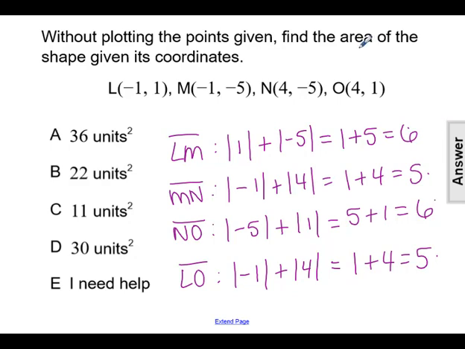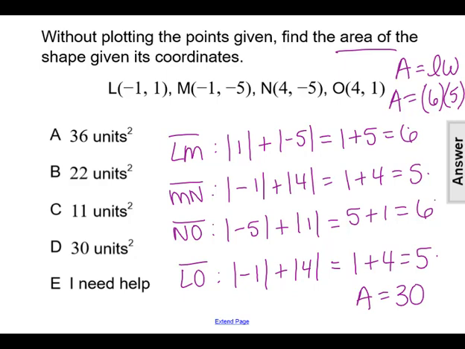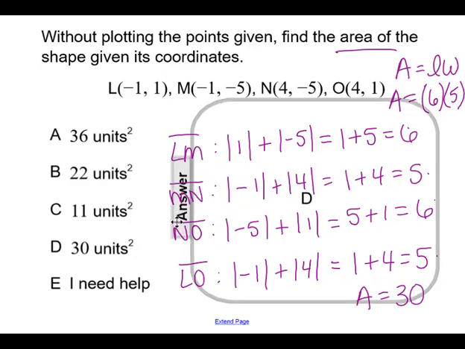But we do know that if we're finding the area of either shape, when you have 2 sides that are the same for this quadrilateral, the area is going to be length times width. It's going to be multiplying the 2 numbers. So here we're going to multiply 6 times 5, which will give us an area of 30. So the area of the shape is going to be D, 30 units squared.